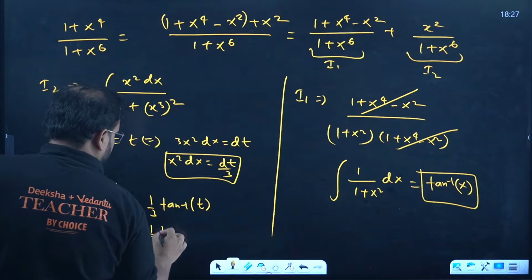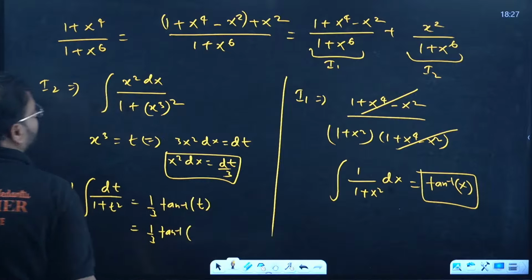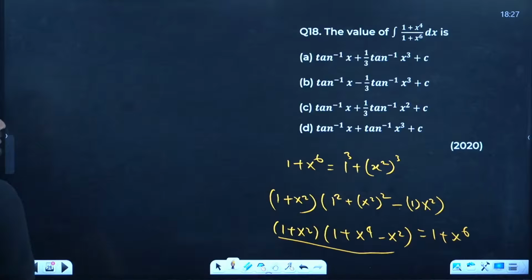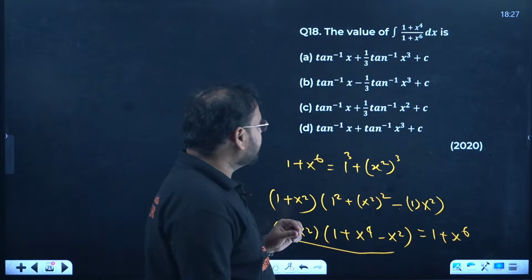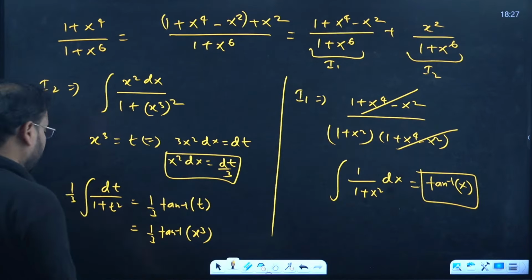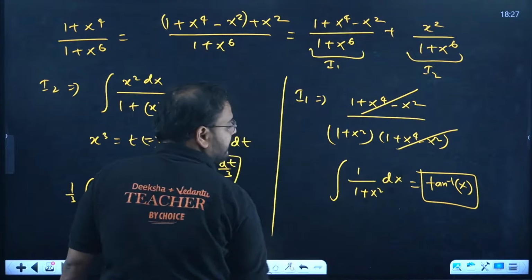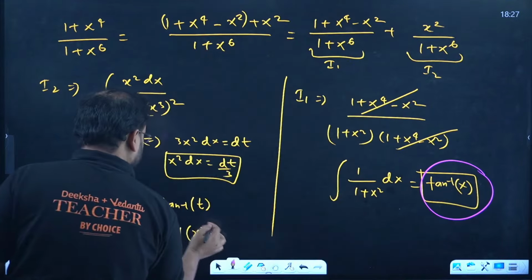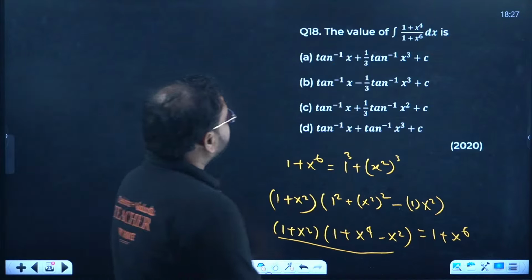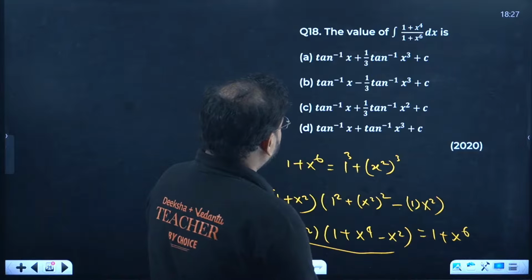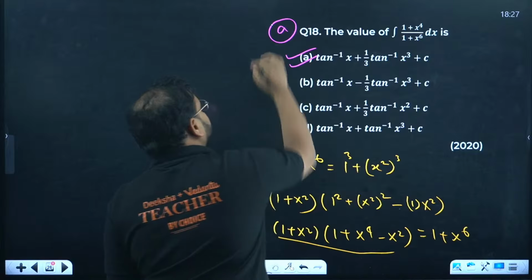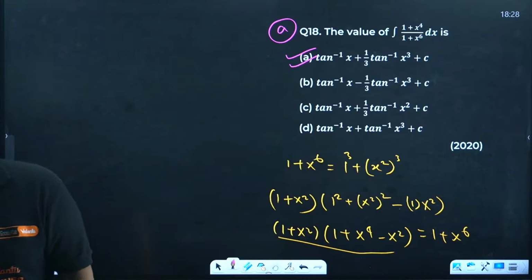What is the t value? x cube. So 1 by 3 tan inverse of x cube, with the plus sign, and the first term was tan inverse of x. So the answer will be this value plus this value, with a plus sign, of course. Looks sufficient? Yes.